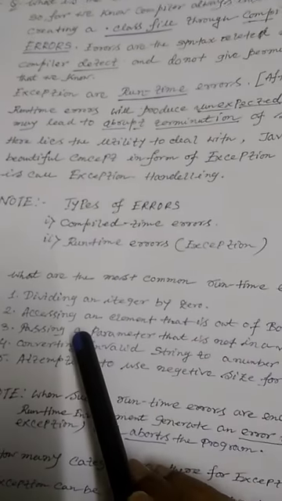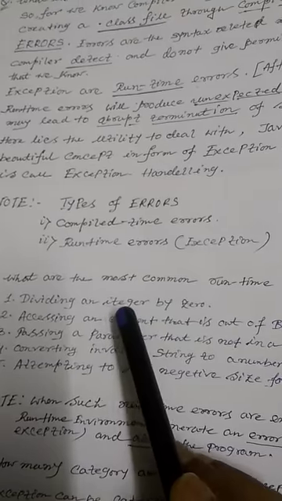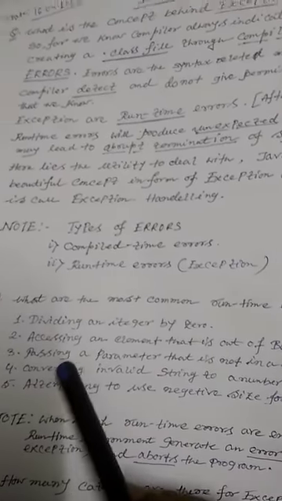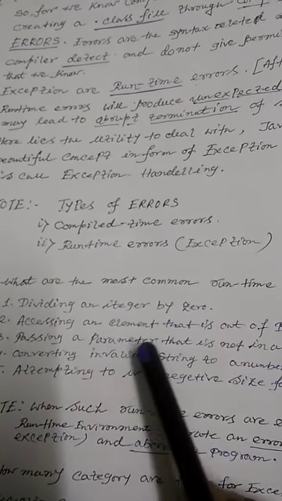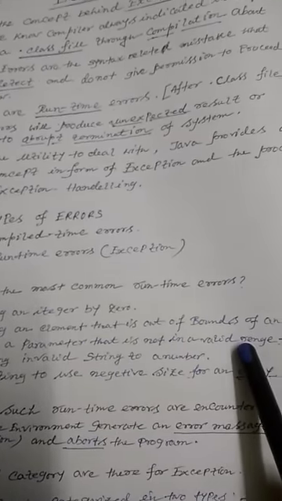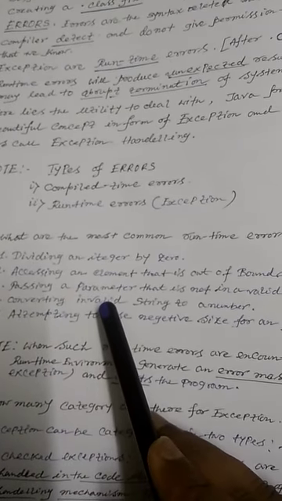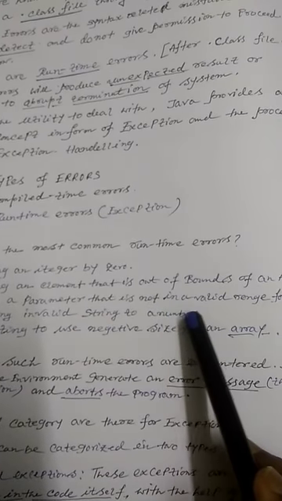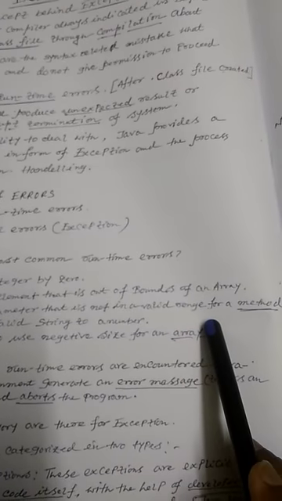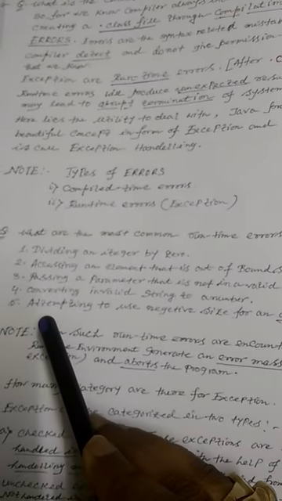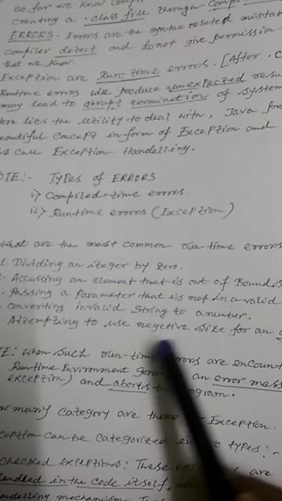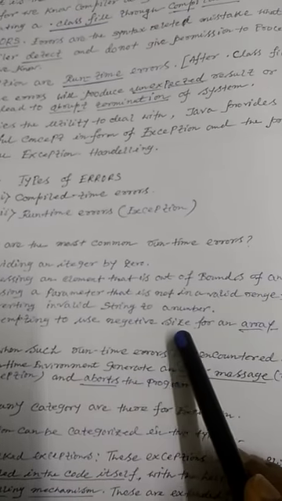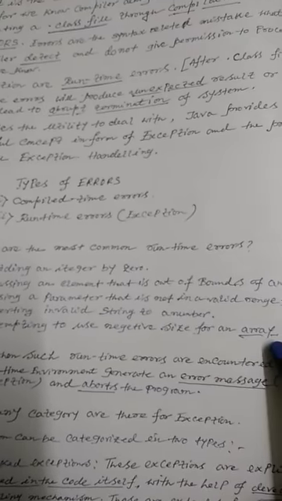So there are some common runtime errors like dividing an integer by 0, accessing an element that is out of bounds of an array, passing a parameter that is not in a valid range for a method, converting an invalid string to a number, attempting to use a negative size for an array.